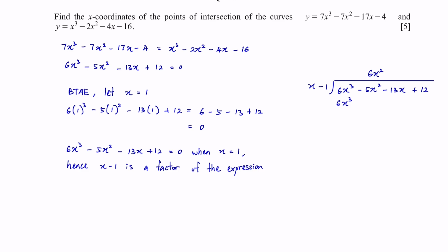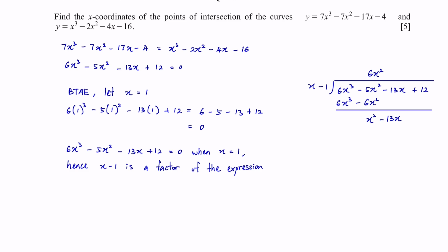So now 6x squared times minus 1 would be minus 6x squared. And we take negative 5x squared minus negative 6x squared. So minus minus plus, we have x squared minus 13x.